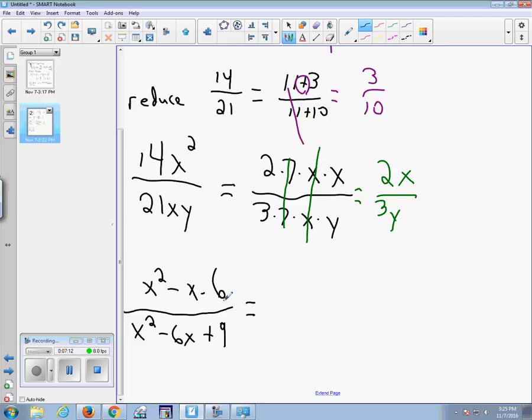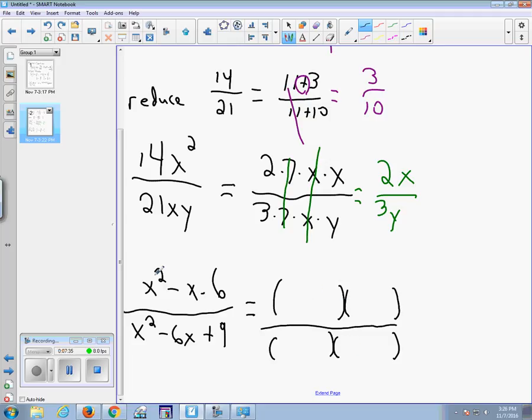Six and 9 have a common factor. Do we care? No. We need to factor the whole expression. We need to take this and take this. And if either of the factors up top are duplicated as factors on the bottom, then we can cancel.